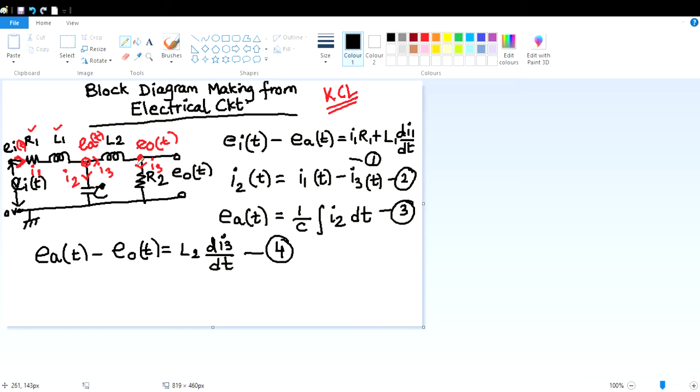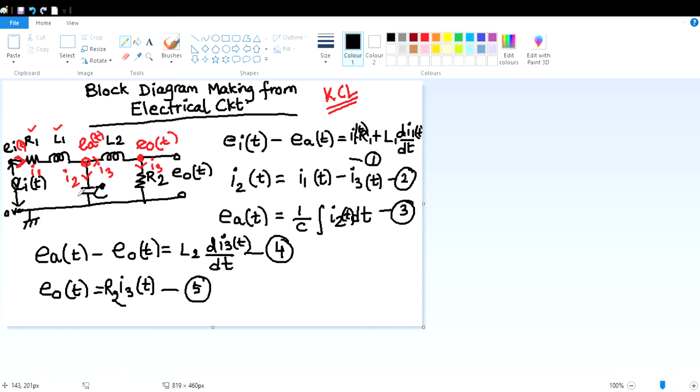Now what is the branch left? Only this branch is left. What is the fifth equation? The fifth equation is nothing but a voltage equation, E0(t). It is I3(t) into R2, as we have considered all these to be functions of t. So this is my fifth equation.